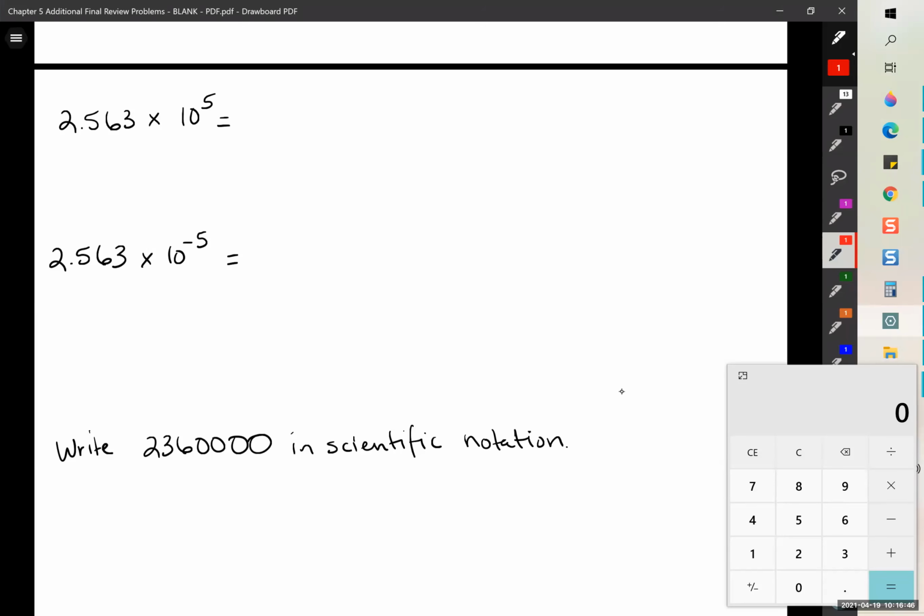Being raised to a negative number in scientific notation, when we rewrite it, should grow to be a smaller number.